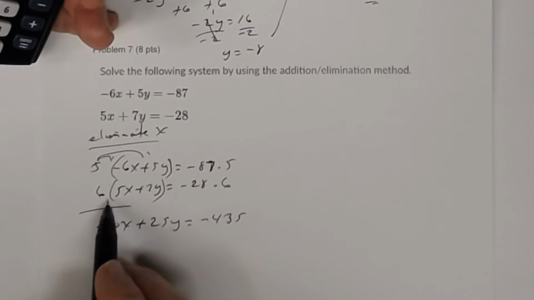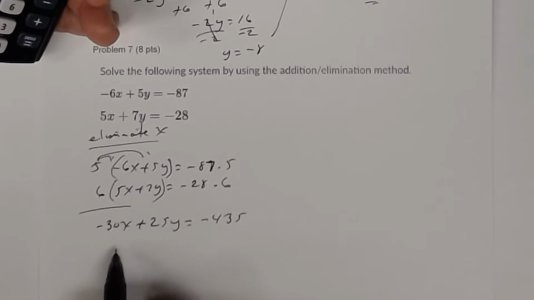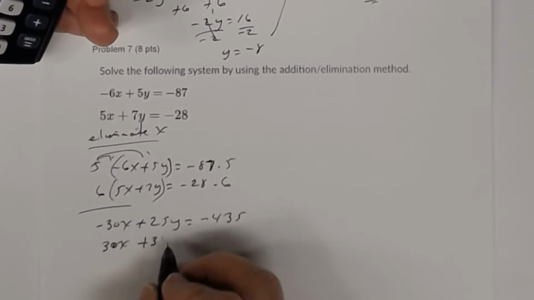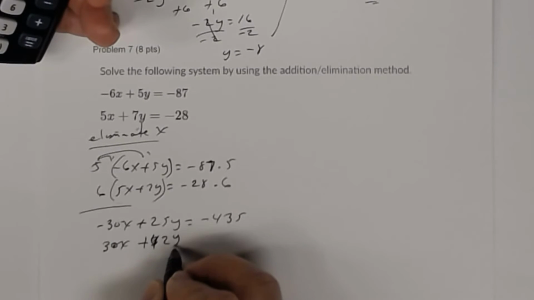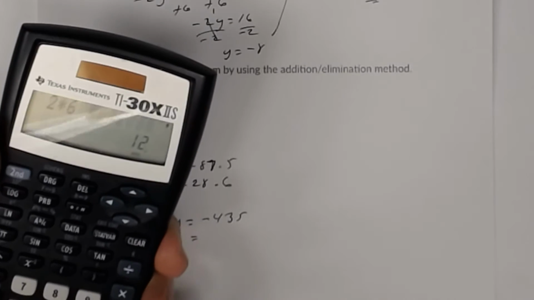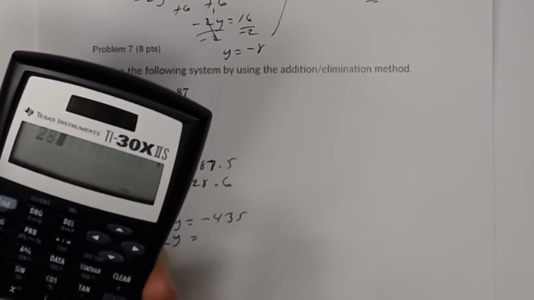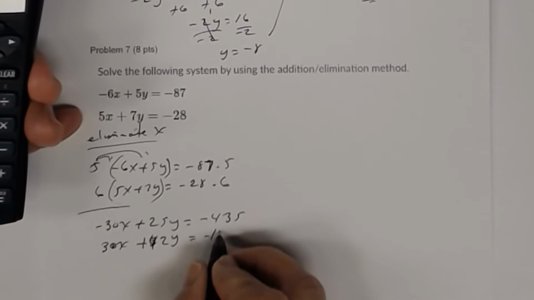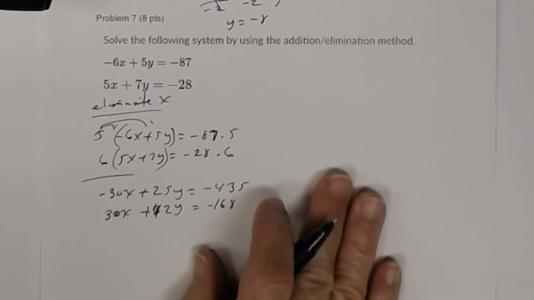All right, and then the second equation, if you distribute, you get positive 30x plus 42y equal, and when you multiply 28 times 6, that's going to be negative 168, right? Okay, so that's where I'm at.